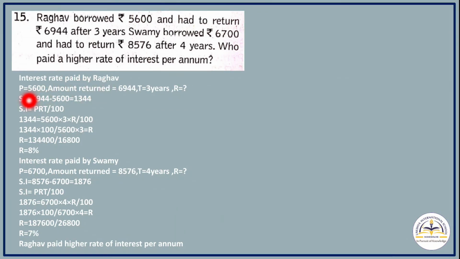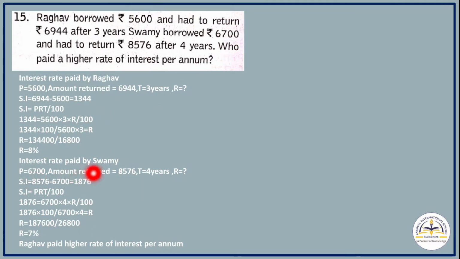The principal amount is 5,600, the amount returned is 6,944, and time is 3 years. Now we have to find out the rate, and again we will use the same formula, and you will find the rate for these given values. So the rate will be 8% for the interest rate paid by Raghav.